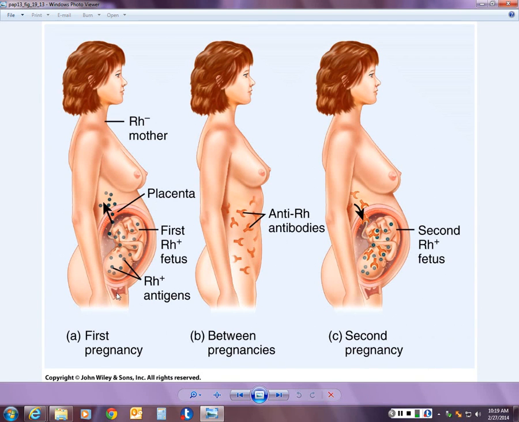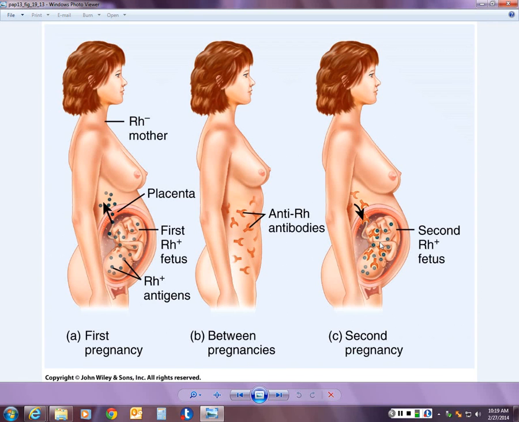Baby number one will be born okay, because it takes time to produce those antibodies, and basically labor and delivery shouldn't last long enough for enough antibodies to be produced to become a major issue. However, if we start to look at it in between pregnancies, if nothing is done, mom's body will continue to produce those RH antibodies.